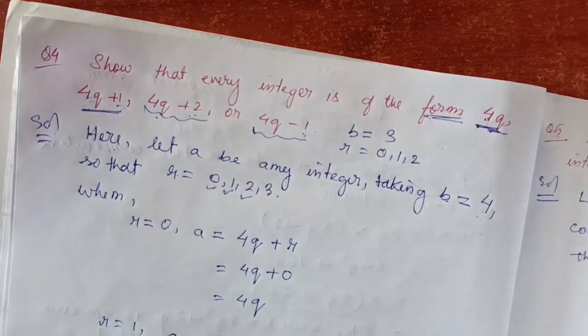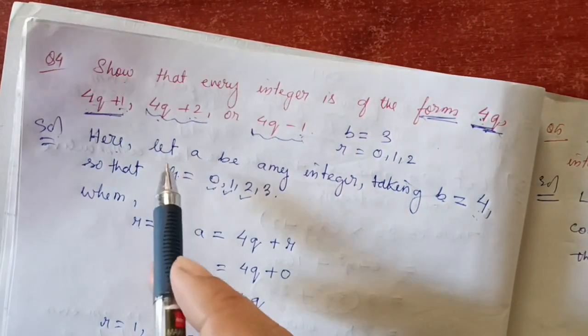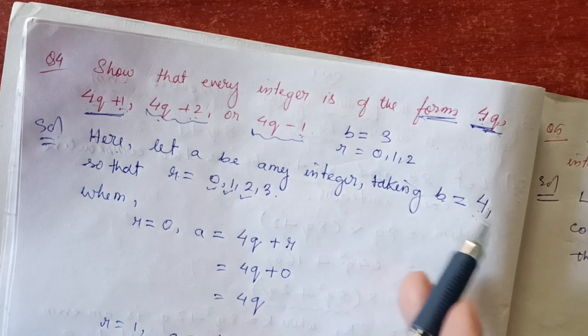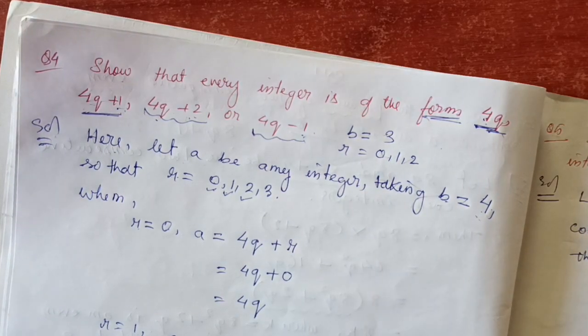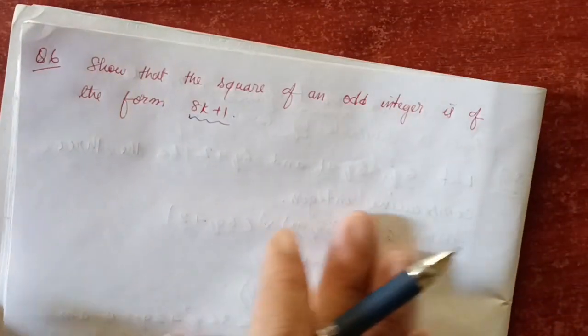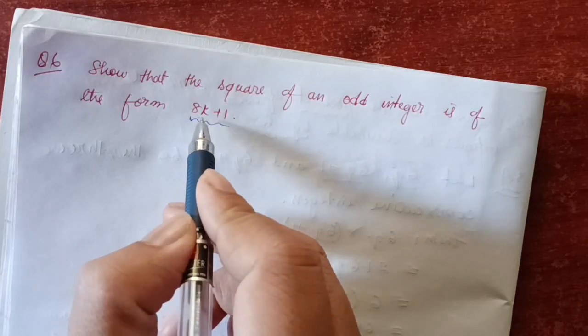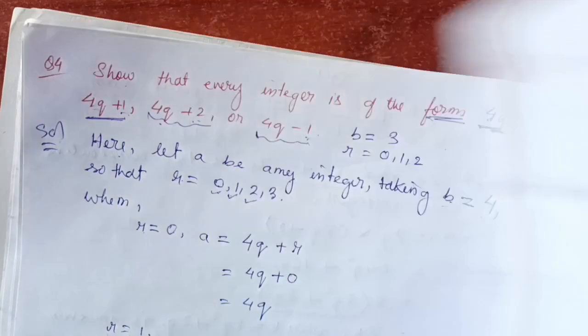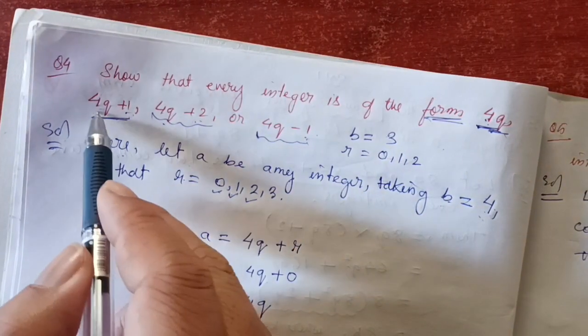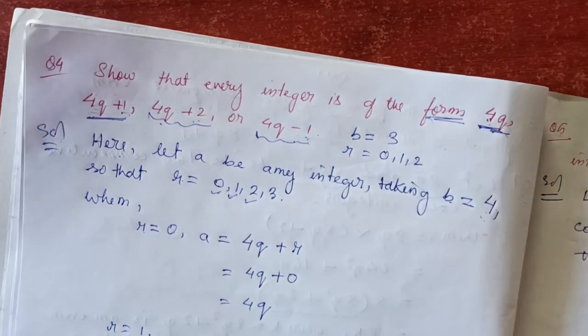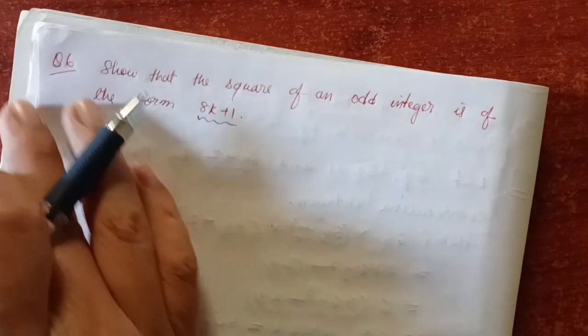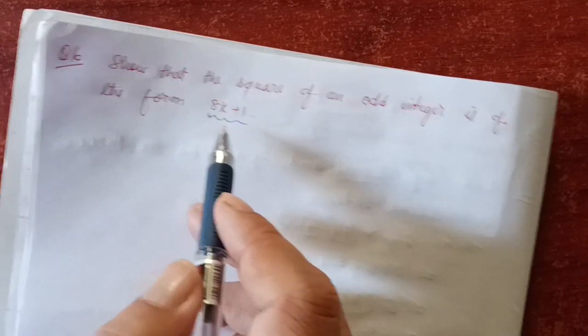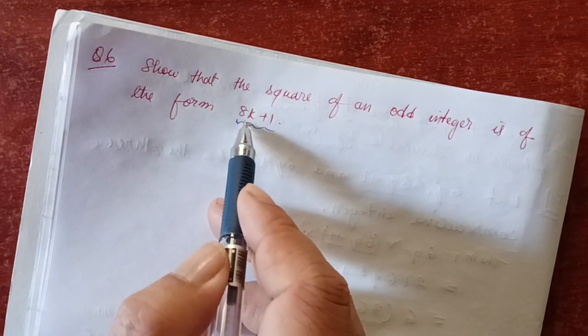All right. And I told you to start in this way: let a and b be any integers, taking b equal to 4, right? But in question number 6, we have only one form, 8k plus 1, right? In question number 4, we have many forms. So in question number 6, we have only one form, and the number is 8k.